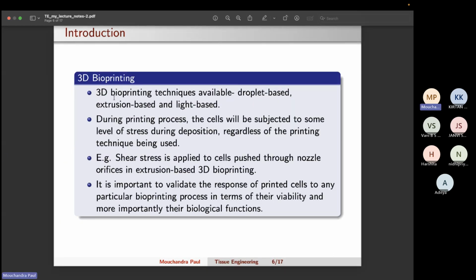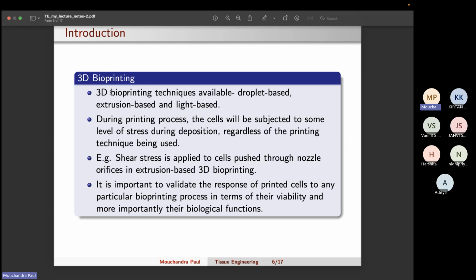So there are various modes of 3D bioprinting that are available to us in the market today. There is droplet based, where the machine ejects tiny drops, and the drops are placed in fixed coordinates in the XYZ coordinate system. Okay, and in this way, using the drops, you're making a 3D model.